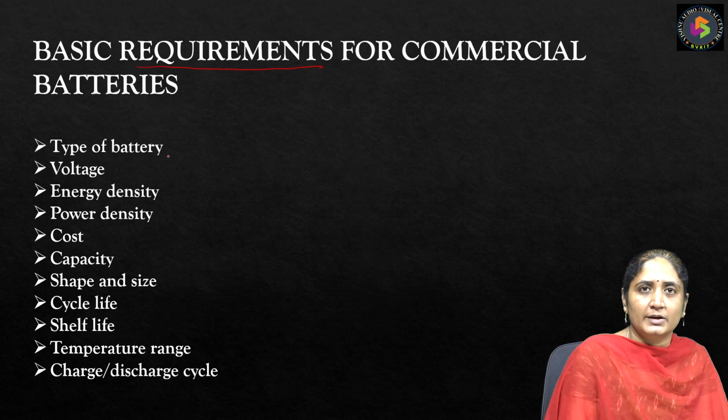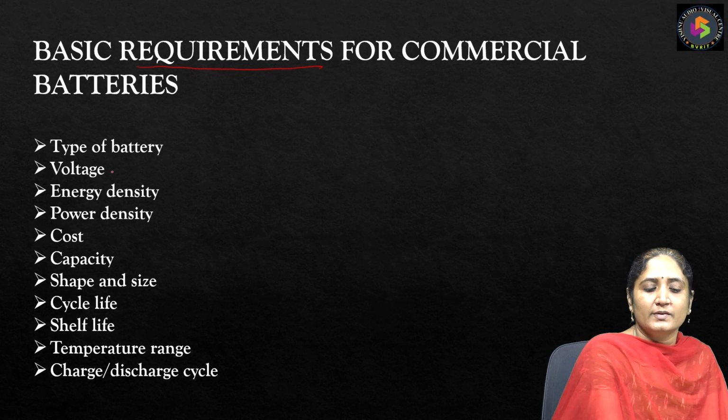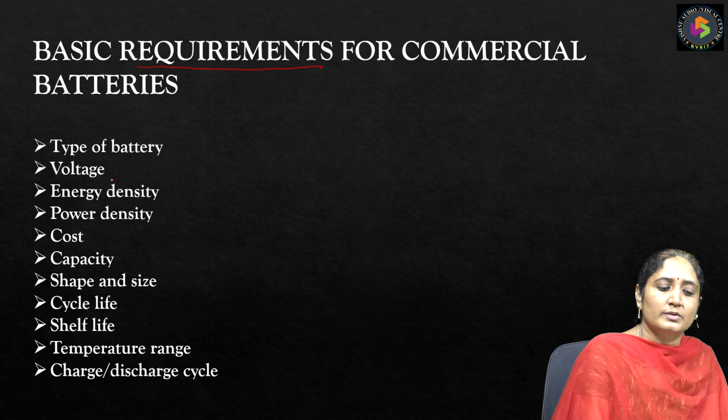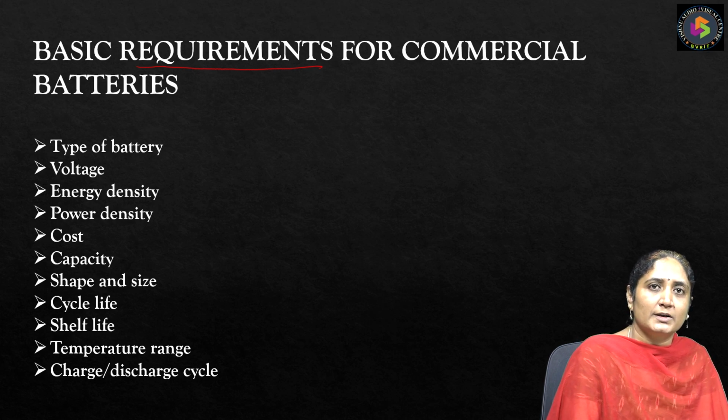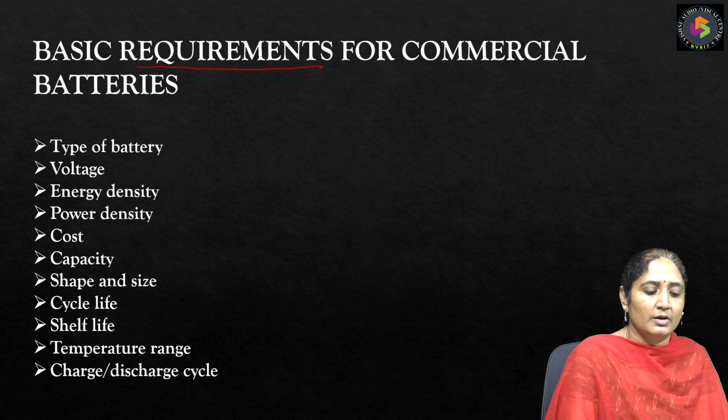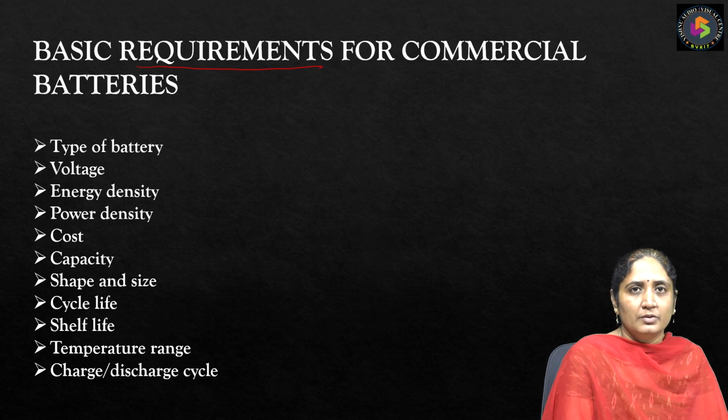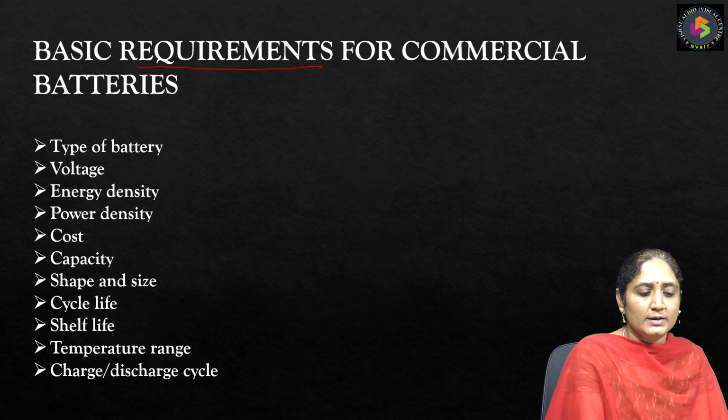Second, how much energy we can store, and how much energy density and power density will be supplied by that particular battery. And the cost of the battery is also very important, because if the price is high, we can't afford it.